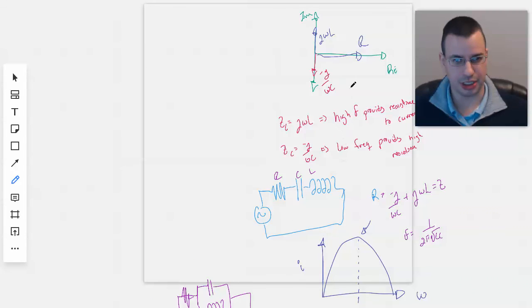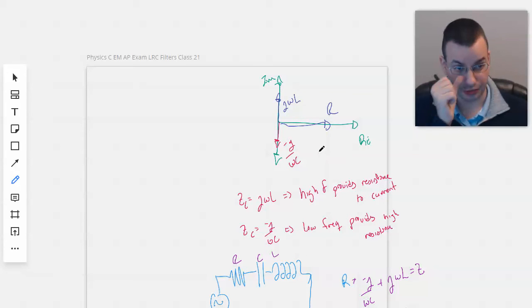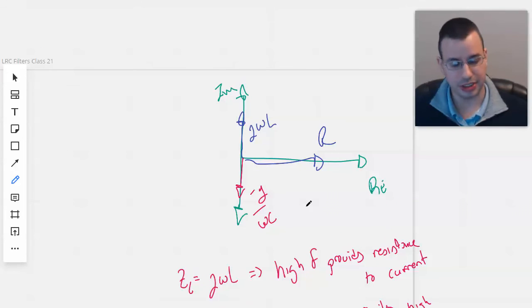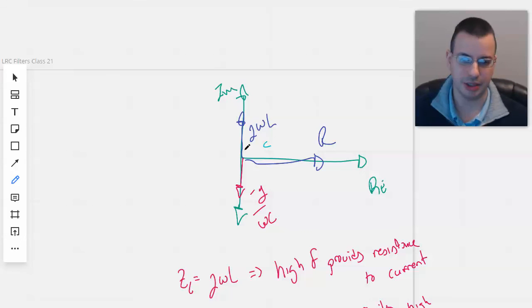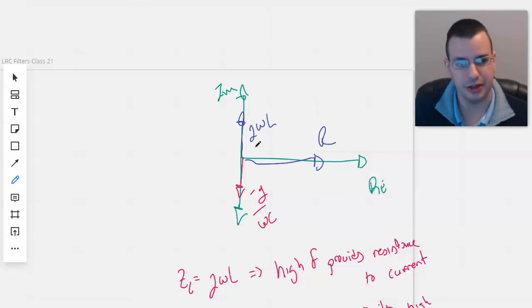Another place where this comes up is in industrial environments. In industrial environments, they're always operating at some sort of impedance that's not zero, because they have some capacitors and they have some inductors. A lot of times you'll hear the phrase power factor.